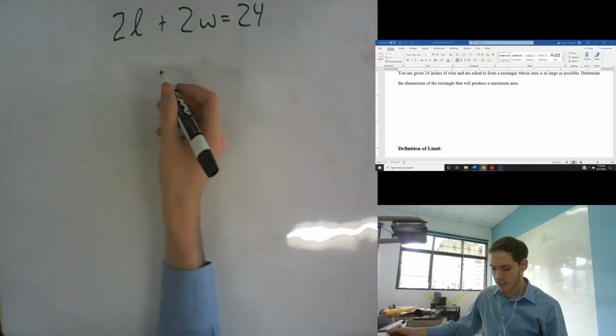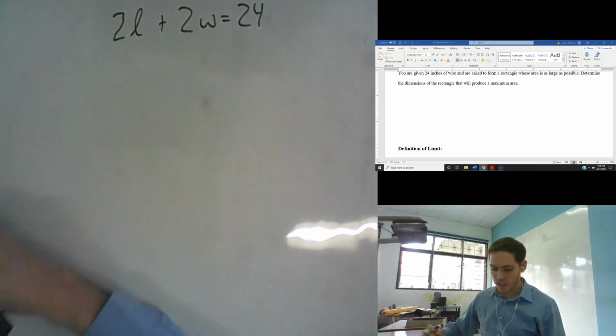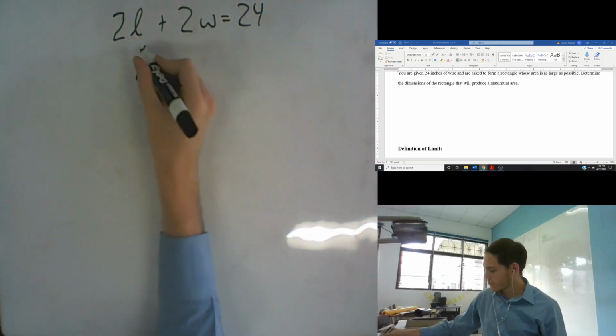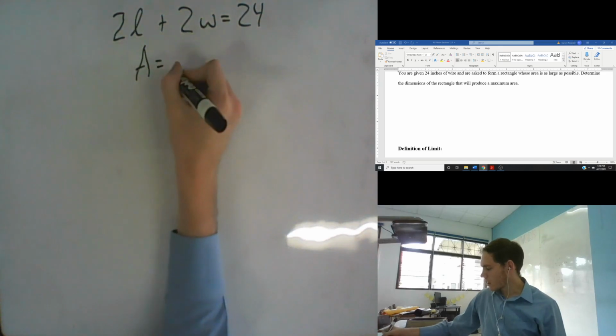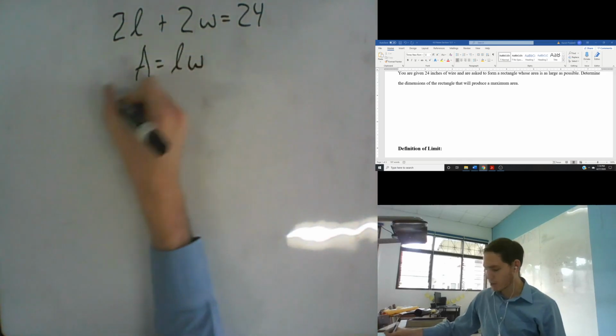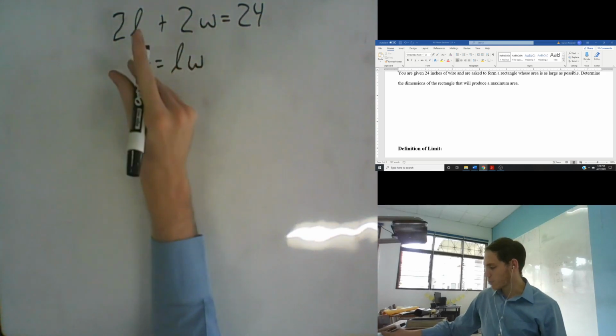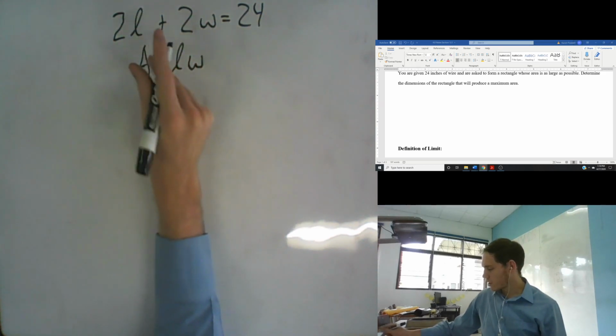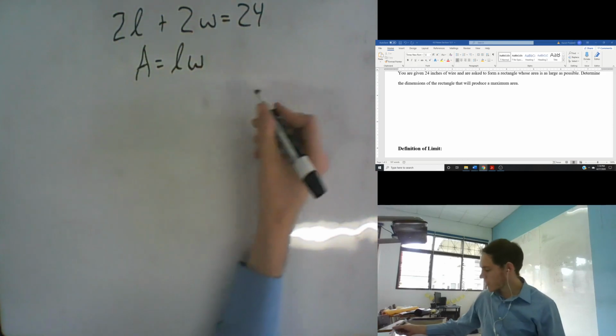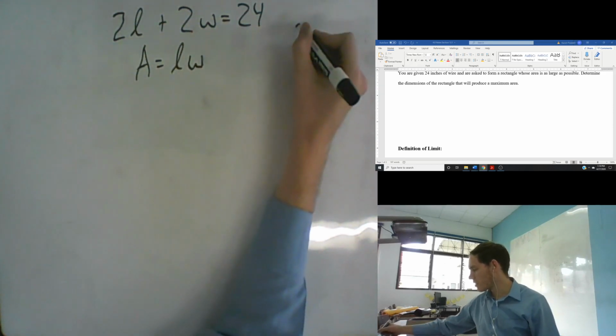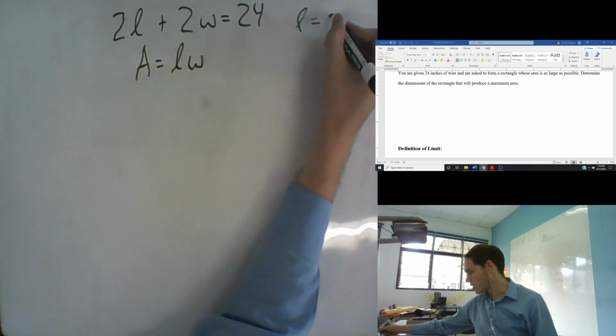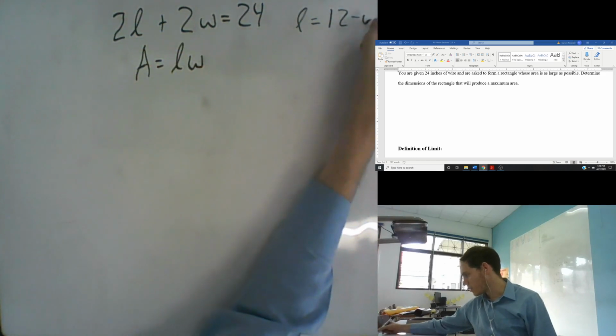Okay, that's the perimeter is 24. Now, area equals length times width. You guys, we've done this problem in Algebra 1, Algebra 2. Okay, and then you're going to solve this for L, so we get L equals 12 minus W.